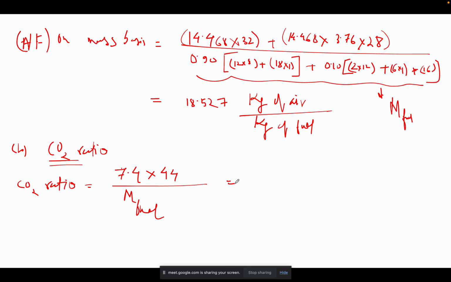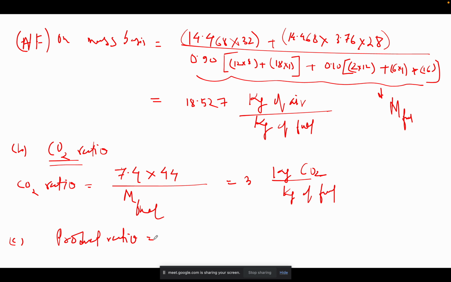Okay, and if you put this, you will get 3 kg CO2 per kg of fuel.